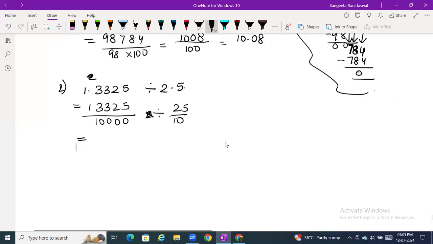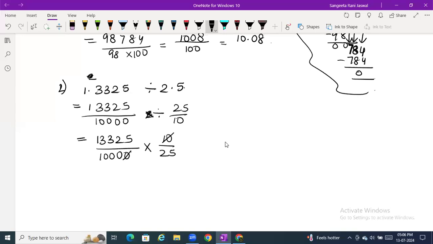So divide these two numbers like this now. Now you will apply the KCR. So the first number is as it is. Change the sign, reciprocal of the second number.